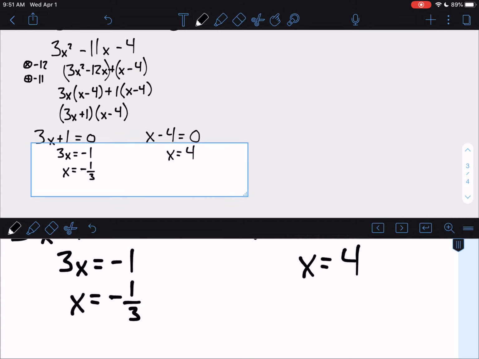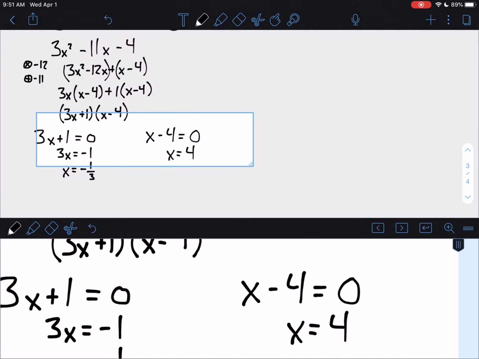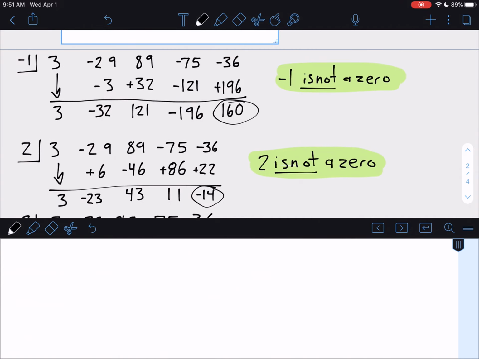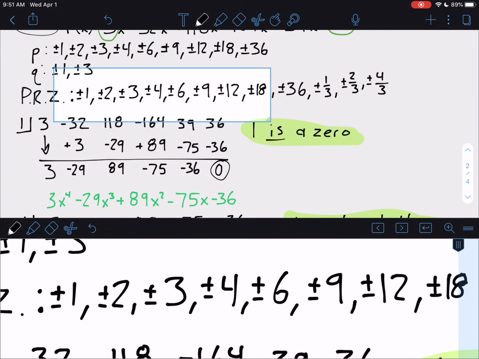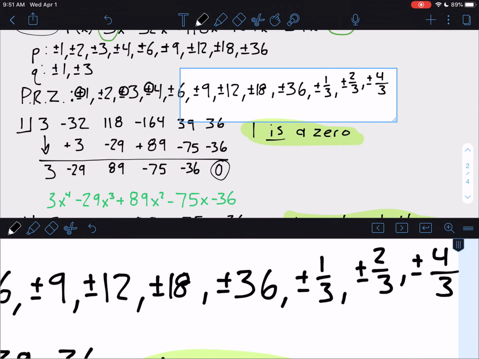And I already solved 3 of the zeros for this polynomial. The last two are going to be negative 1/3 and 4. So let me go all the way back up to my list of possible rational zeros, and I found that the zeros of this polynomial were once again on here. I had positive 1, I had positive 3 twice, I had positive 4, and over here I had negative 1/3.